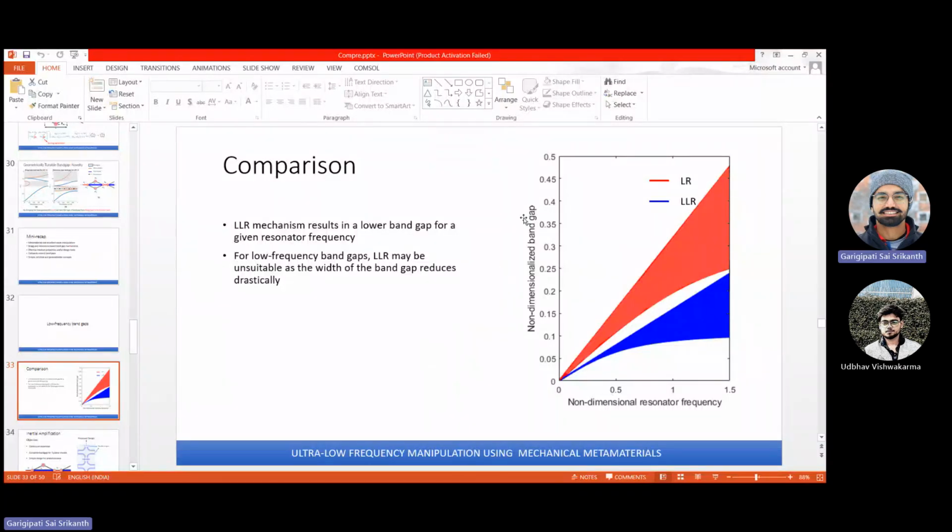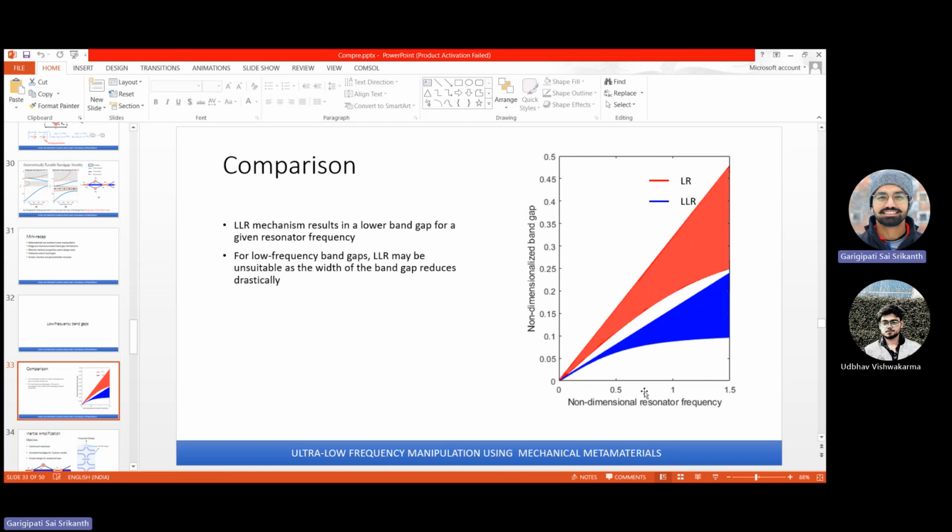Yeah. So what is this graph? This graph is showing the band gap. The blue and the reds are band gaps. This is the variation of band gap as the resonator frequencies are varied.